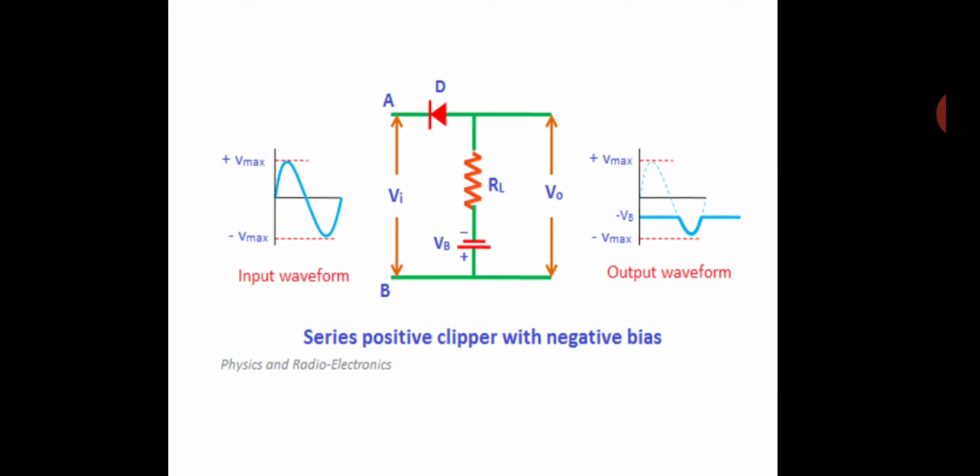So in the waveform, the negative cycle of the sine wave, when Vi is greater than Vb, is received at the output, and again the positive cycle starts and the output is only DC, not AC.